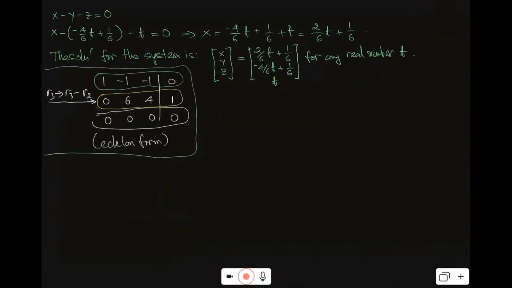So we have already had the solution, what the solution looks like, all right? So if you are asked to write the solution set, then you actually just need to do this. The curly bracket stands for the set, right? And then you put the form that you had here.